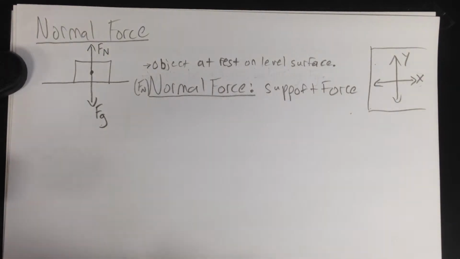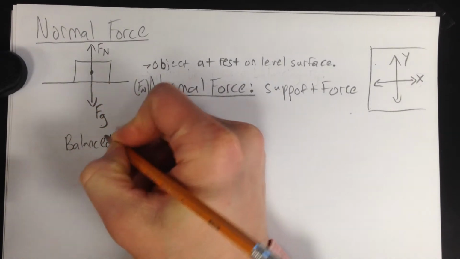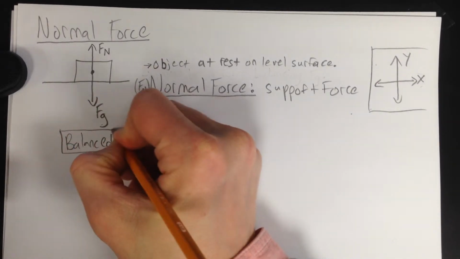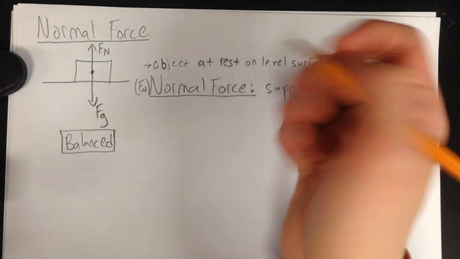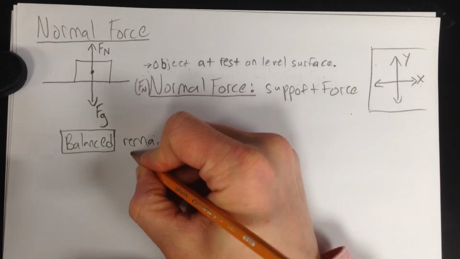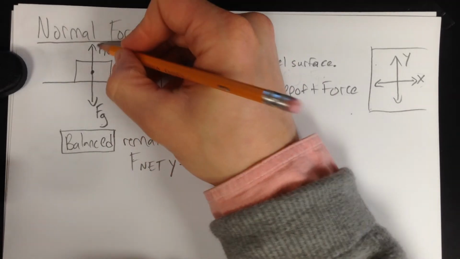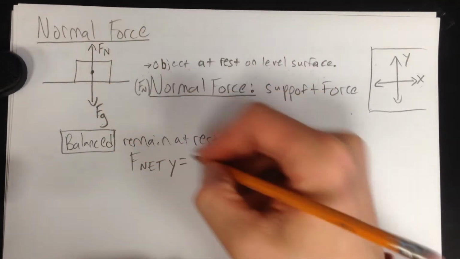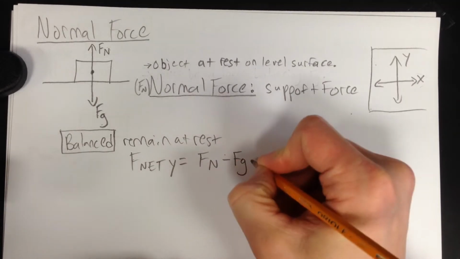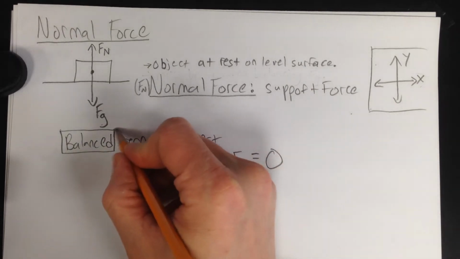So gravity and the normal force are balanced. Why? Because in order for an object that's sitting on a level surface to remain at rest, the net force in the Y direction, when you add up normal and Fg is down, so minus Fg, you better get 0.